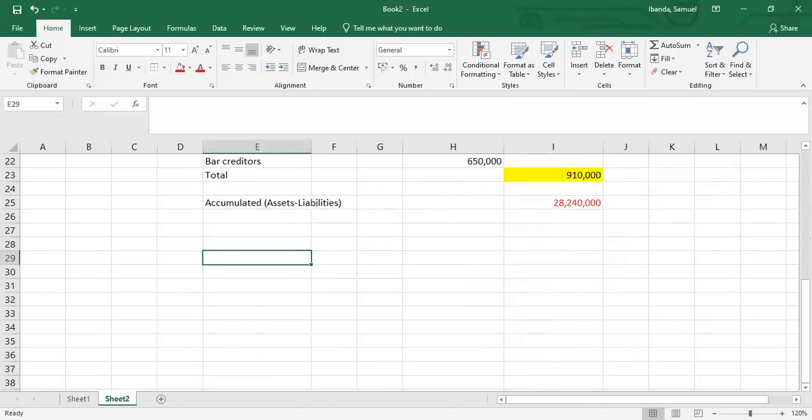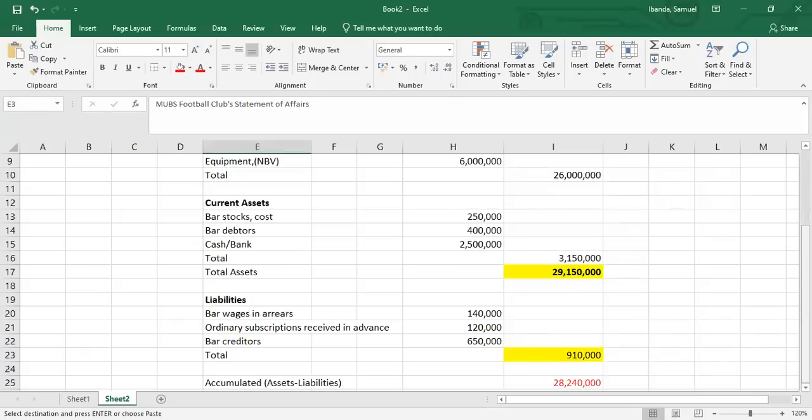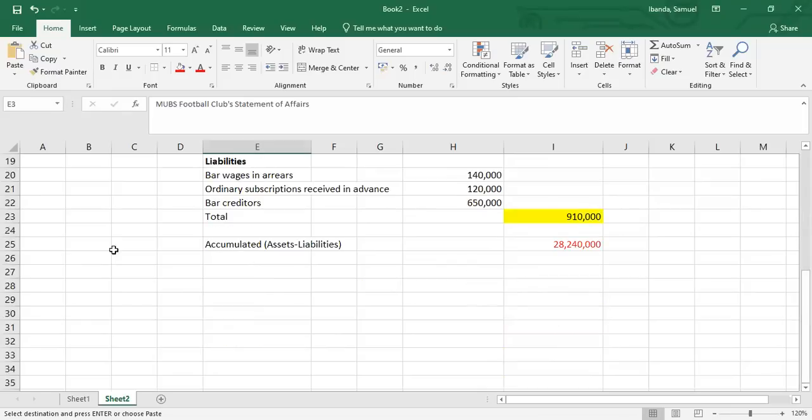Of course, it's the Mobs Football Club's bar.